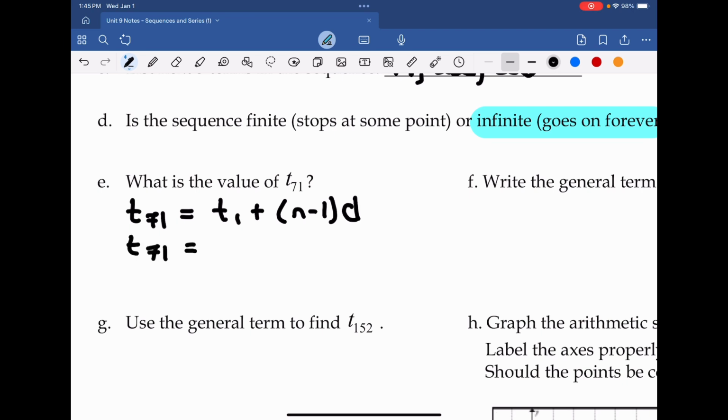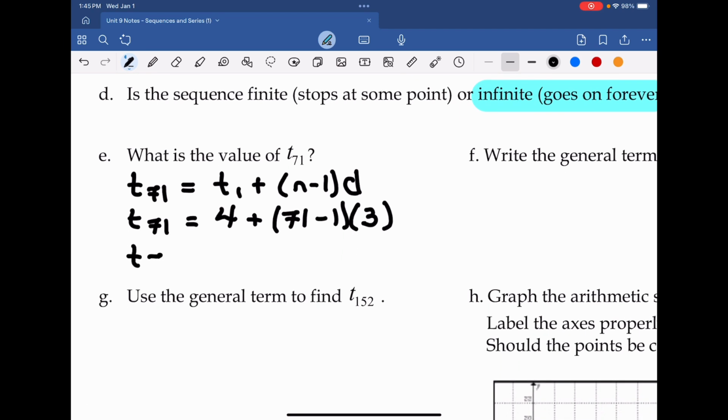T71 is equal to 4, which was the first term, plus the n value, which is 71, minus 1 times the common difference of 3. In this situation, if you plug it into your calculator and you figure out what this value is, you end up figuring out that the 71st term is 214. Okay, perfect. So we're going to highlight that.